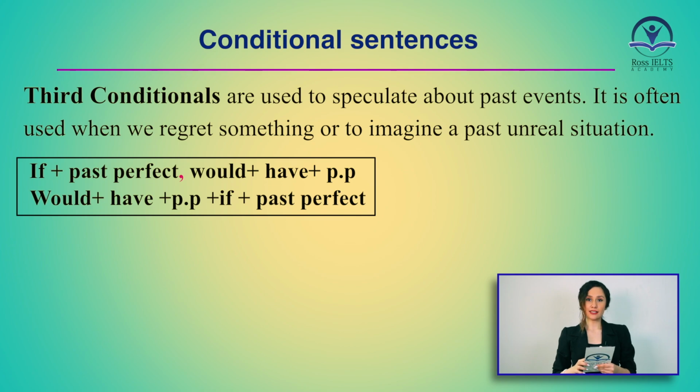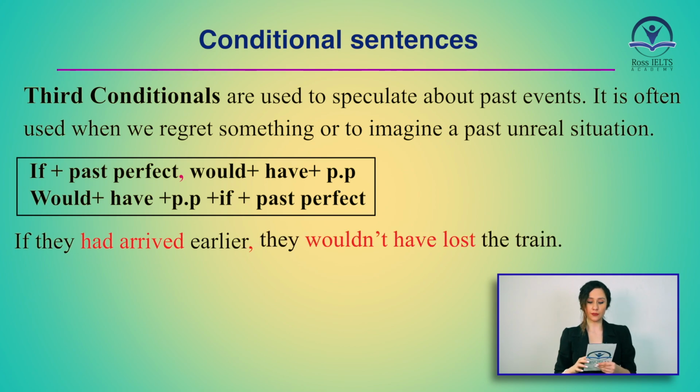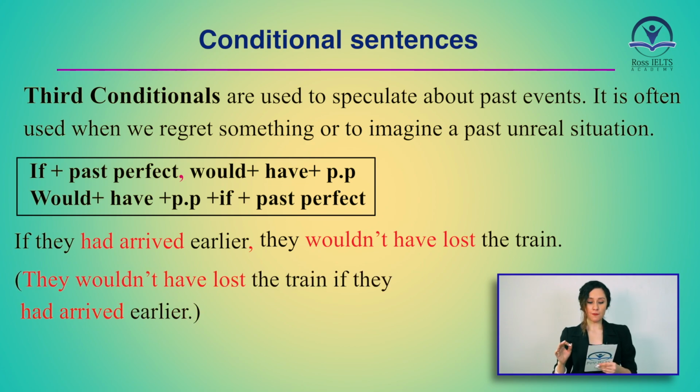Now, let's look at an example for this one. If they had arrived earlier, comma, they wouldn't have lost the train. Or, they wouldn't have lost the train if they had arrived earlier. So once again, we have two clauses. The first one is if clause, next one is the main clause.